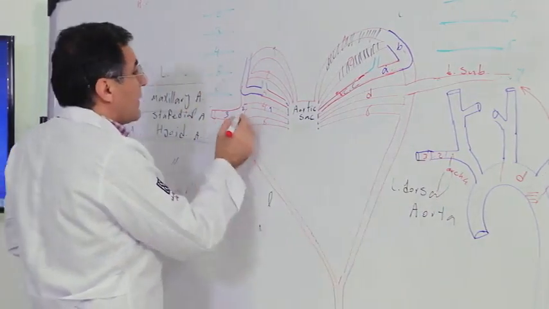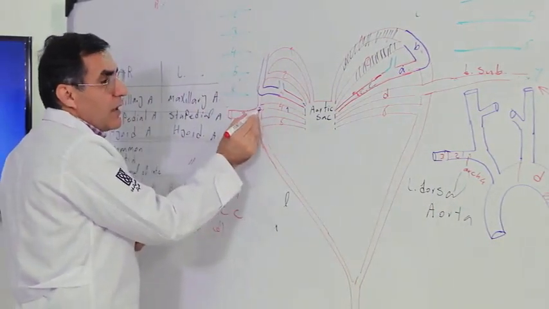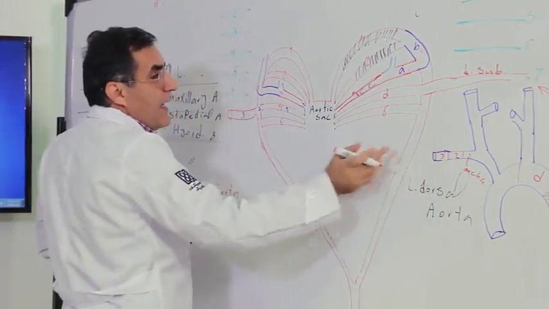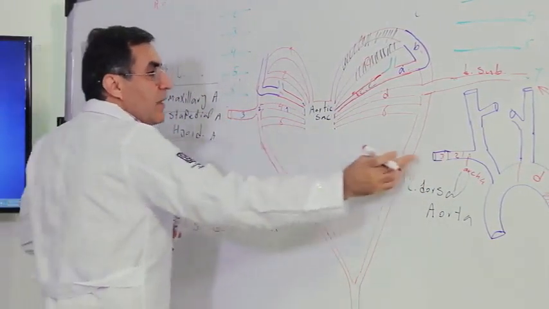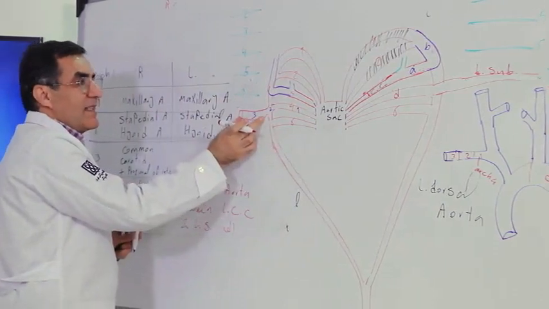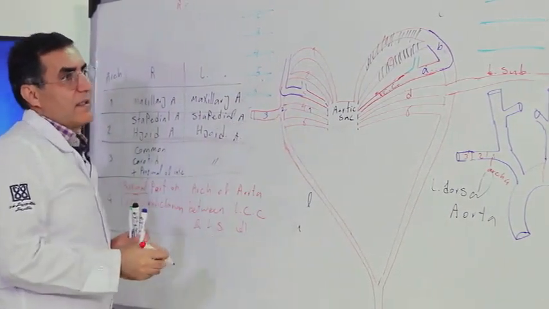The middle part is made by the right dorsal aorta, and the distal part is made by the right 7th intersegmental artery.